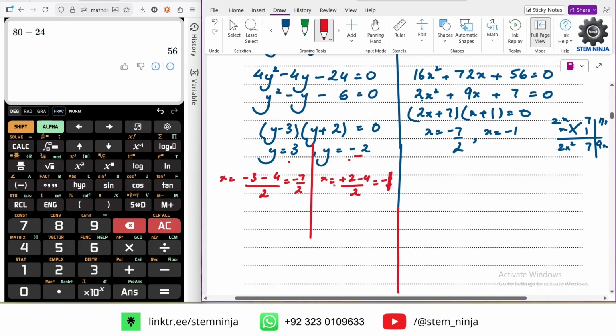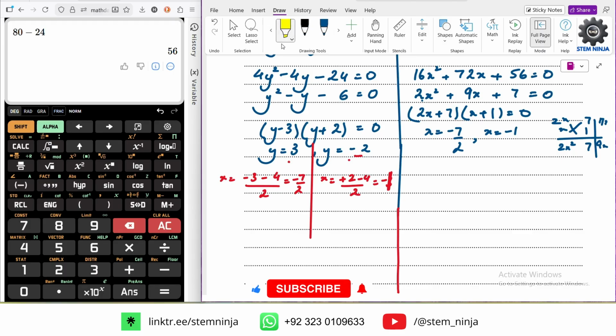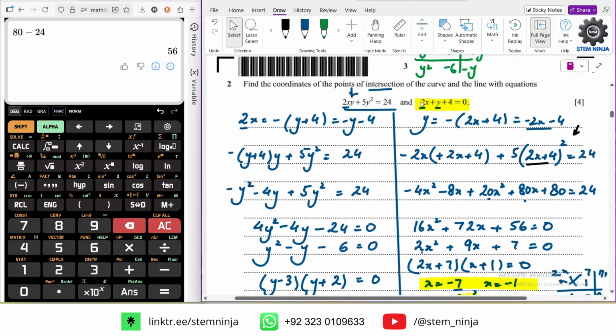Yeah, so minus 2 over 2 is minus 1. And as you can see, we are getting the same values of x over here, so naturally this would mean that if you plug in the values in the y equation, minus 2x minus 4, you would get the same values. So you can try it and you will get the same answers.